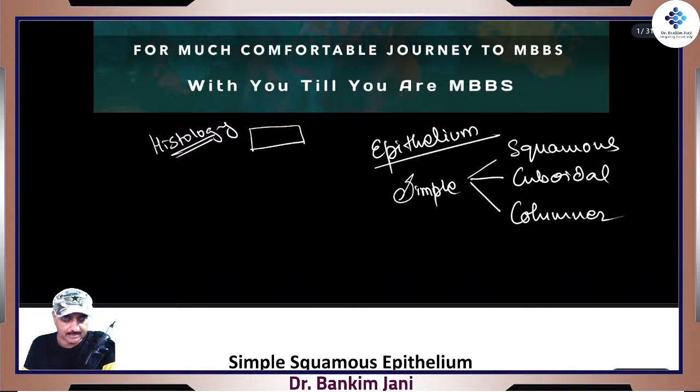Say suppose this slide is of arteriole, or this slide is of fallopian tube. You'll watch that slide in 10x, 10 times magnification. Same thing you'll watch in 40x magnification, and then same thing in 100x magnification. It is the same slide, right?